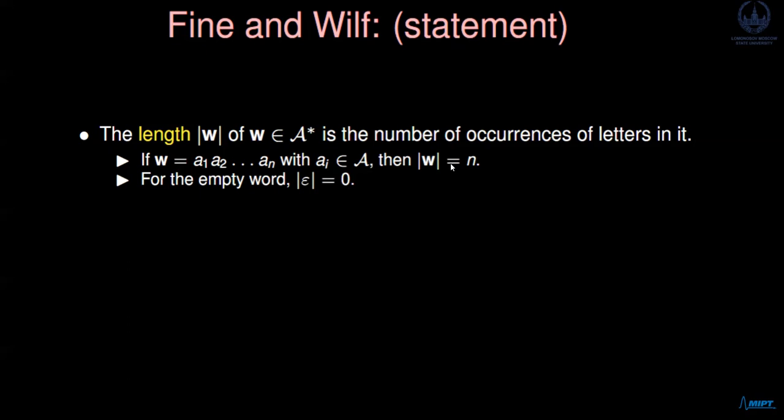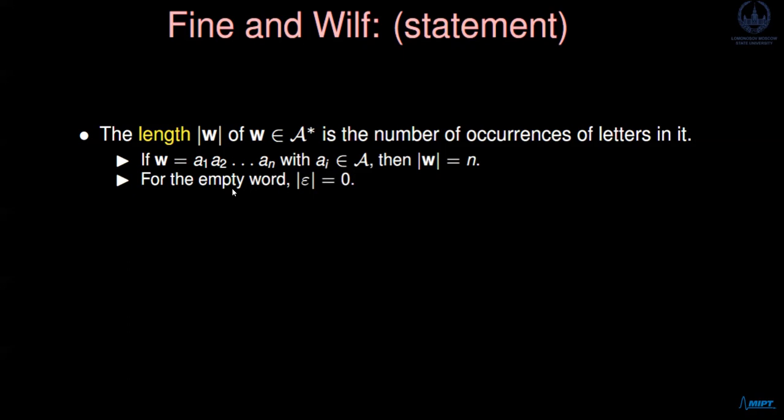For example, if the word is w equal to 0110, its length is 4, as it contains 4 symbols. On the other hand, the empty word, denoted by epsilon, has length 0, because there are no symbols in it.